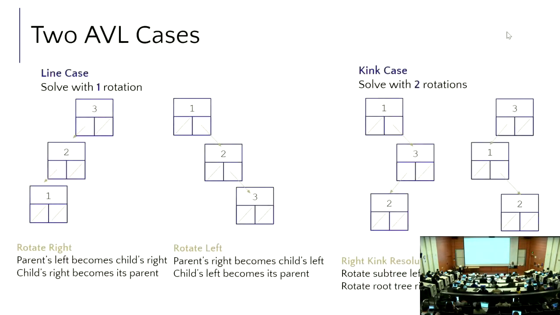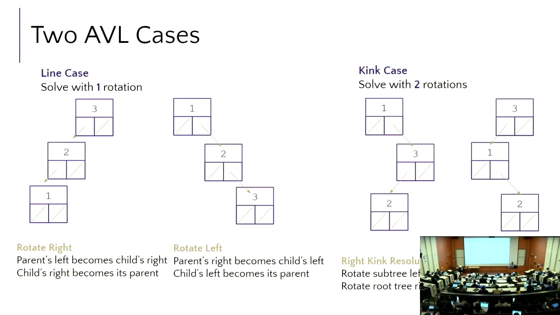Good try. Okay, so I just wanted to wrap up some of the conversations we had around AVLs, but we're actually diving into yet another new topic today. So reminder that there are 2 general cases of imbalance. There's the line case and the kink case. The line case takes 1 rotation to fix.